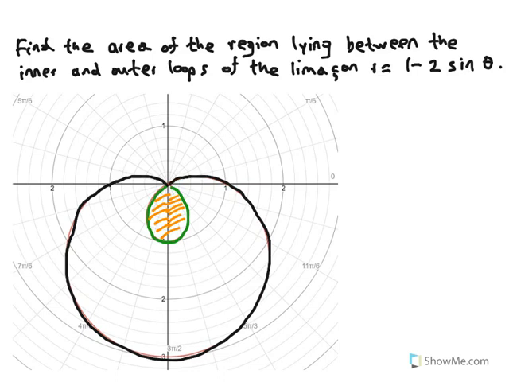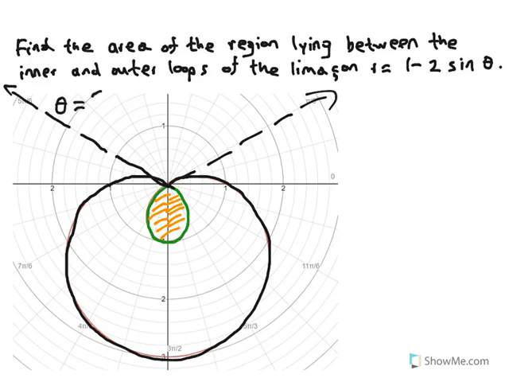So if I find the area of the region bounded by 2 radial lines and the black part of the curve that I just sketched, this is what you would see. So this would be one radial line, and this would be the other radial line.